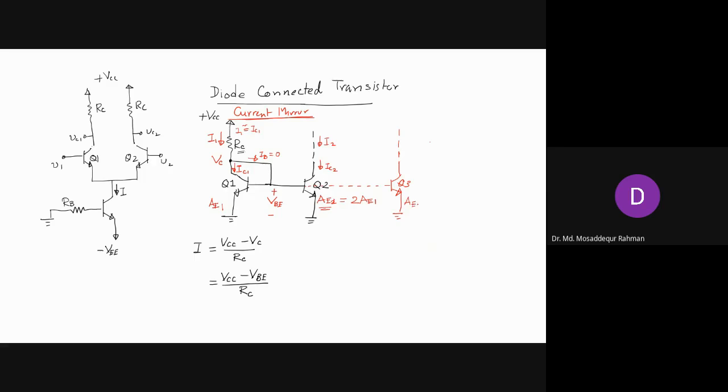So we have another different size, and that will produce another current I3, right? They have the same base to emitter voltage, but with different transistor sizes, so you generate a different amount of current in the different transistors.